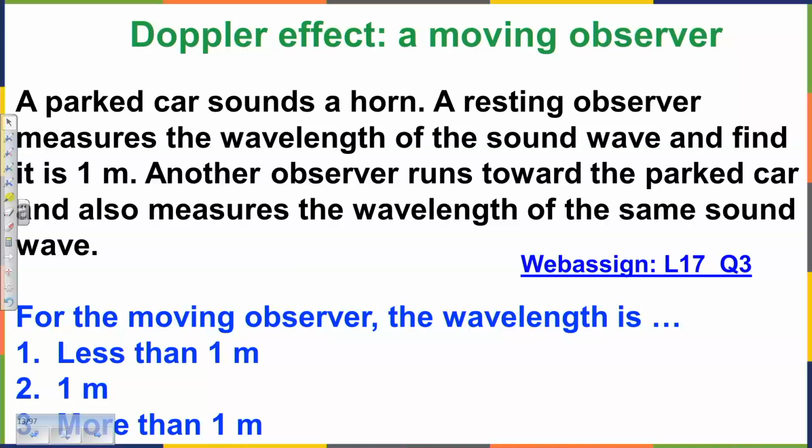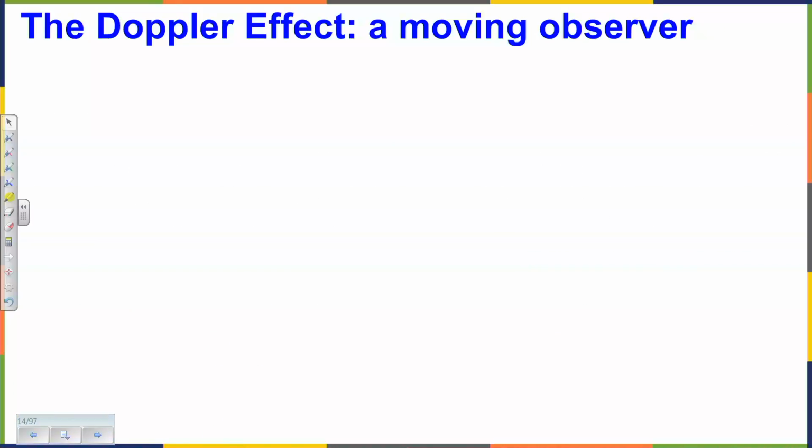When we measure distance between 2 objects, it doesn't matter if they are at rest or if they also move. Still, the distance will be the same. So the fact that the observer is moving doesn't really change the number he or she measures for the wavelength.